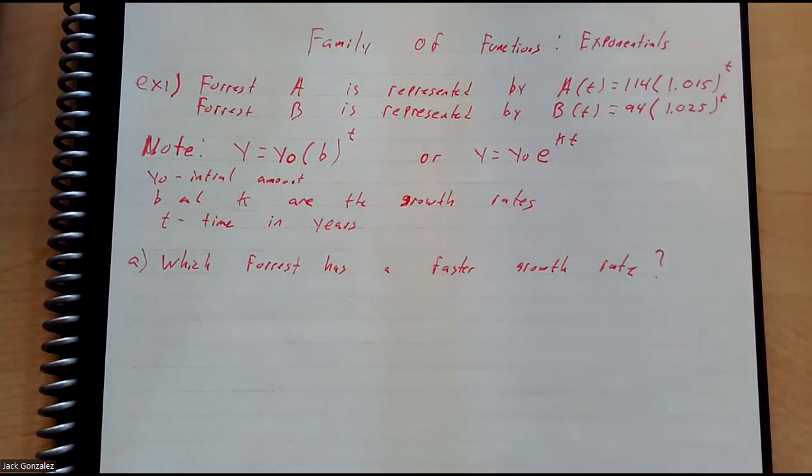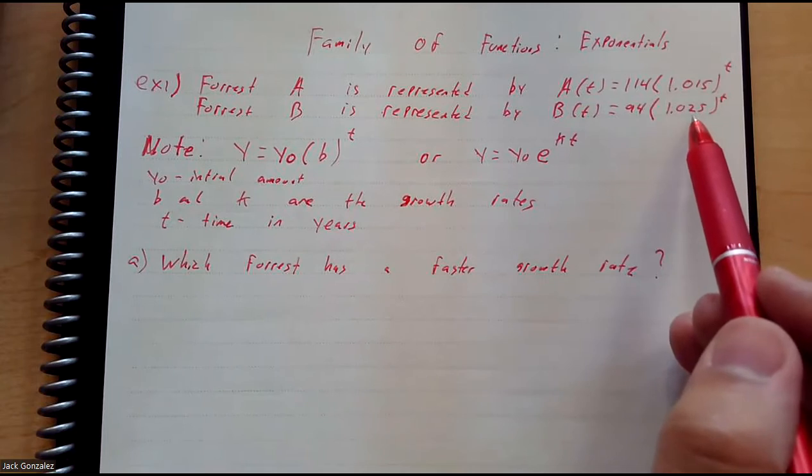Just look at the number, right? B has a faster rate.